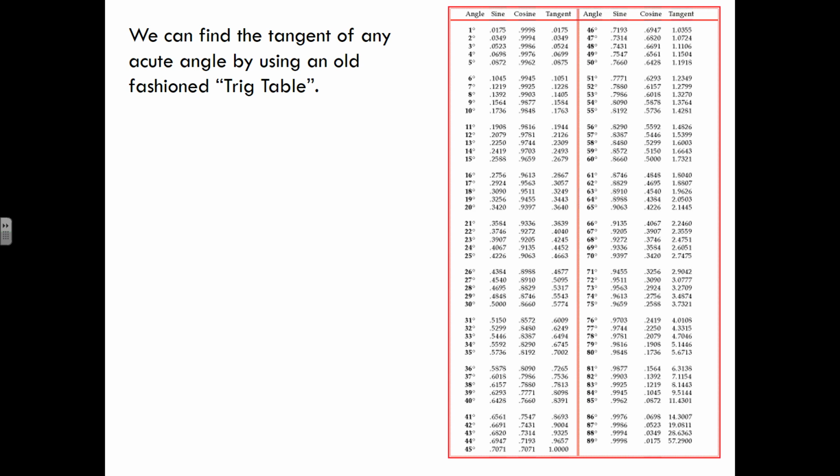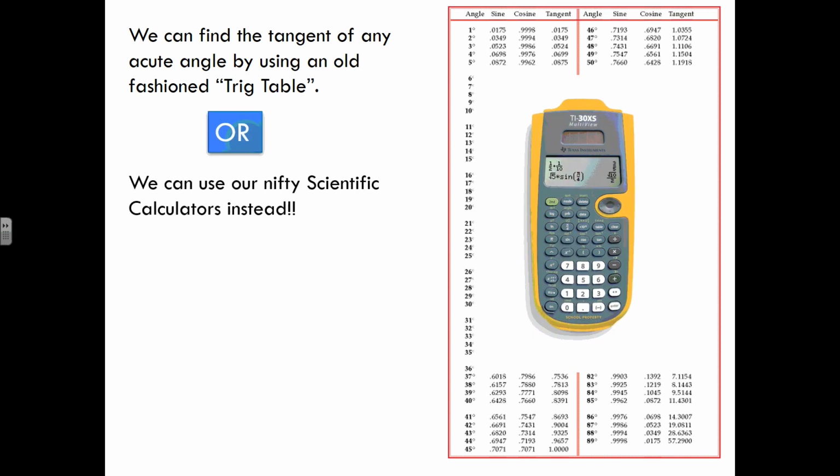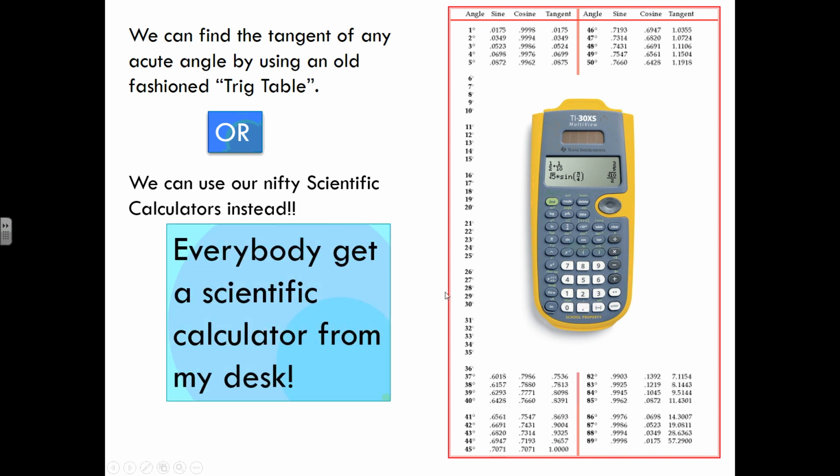That's really archaic because this is what they used before they had calculators and technology. But we have a scientific calculator, and on your scientific calculator, if you can kind of see here, there's the sine, the cosine, and the tangent buttons. So if you're at school, you're going to use one of my yellow scientific calculators.